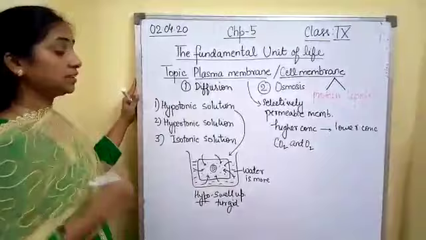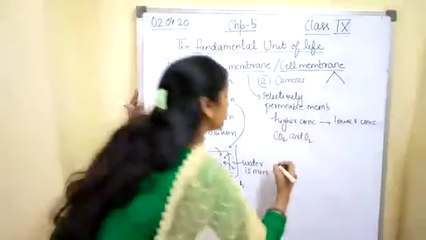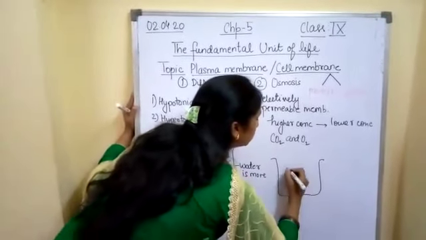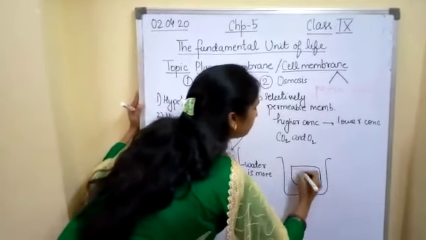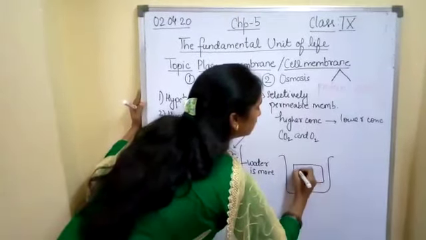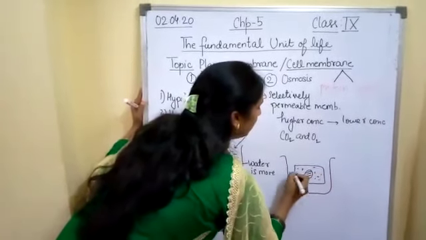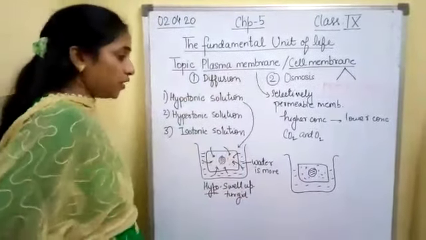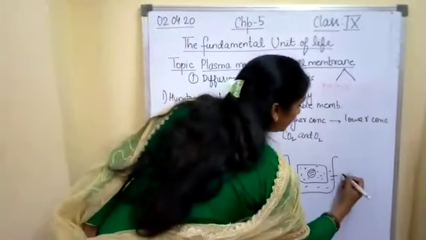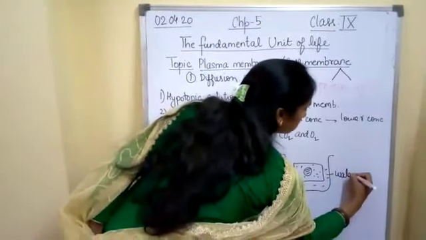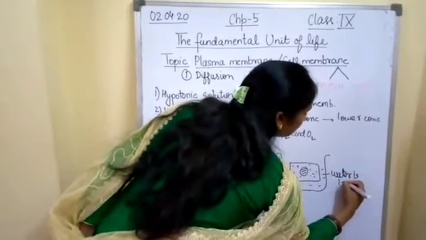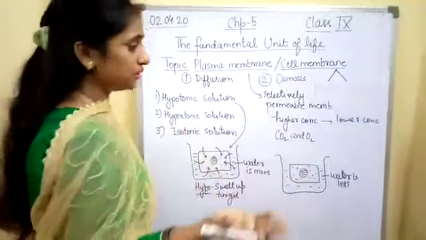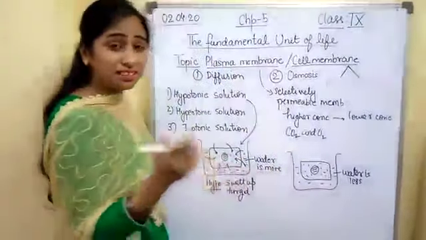Now let us consider the hypertonic solution. If we keep our cell in hypertonic solution, this is a cell, this is the nucleus, the cytoplasm and the water. So what is there? Water is less. That means the outside environment in which the cell is placed is more concentrated and the cytoplasm is dilute.